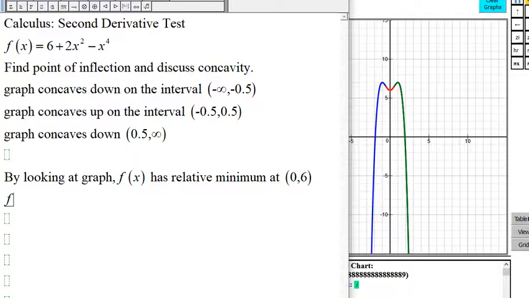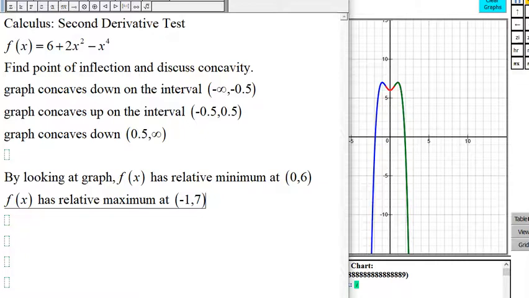And f of x as relative maximum. It looks like it's about negative 1, 7 and 1, 7.